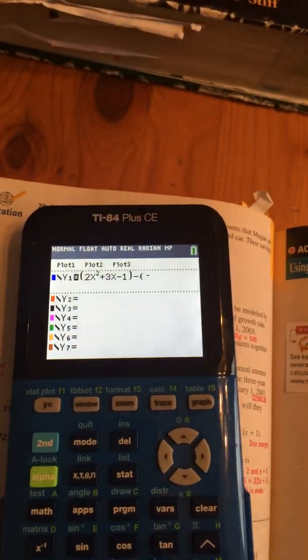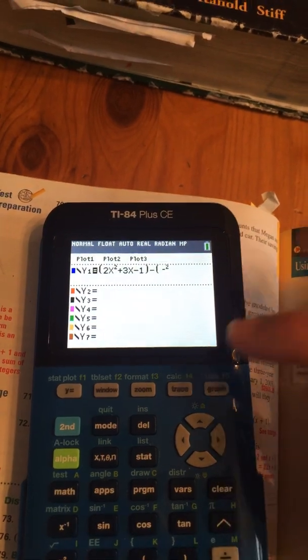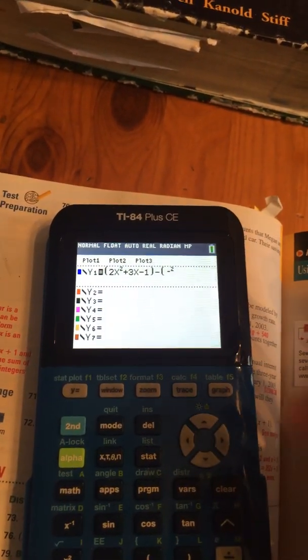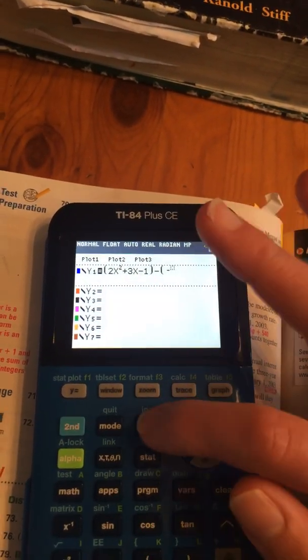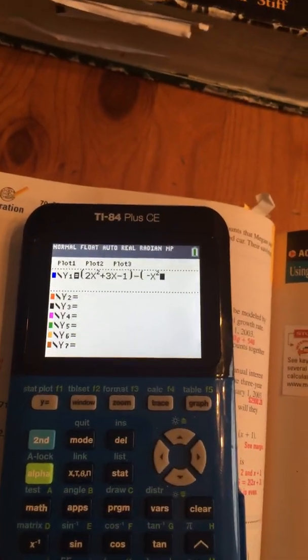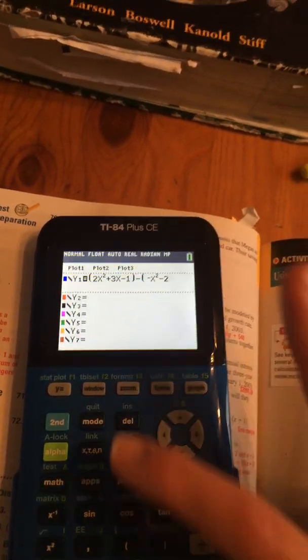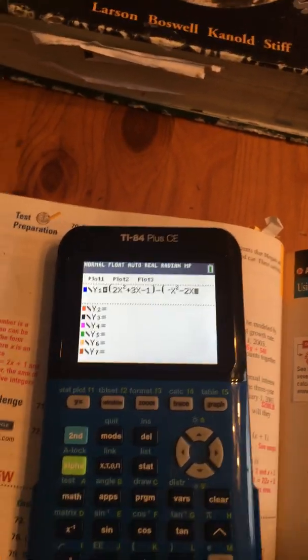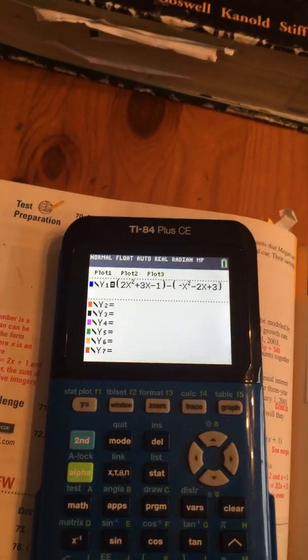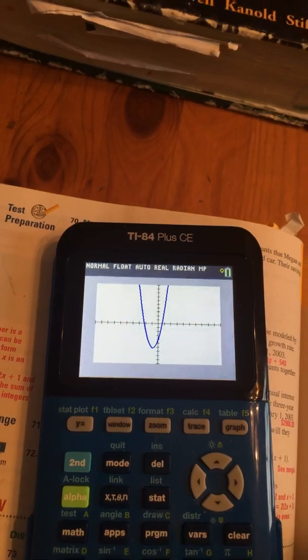So I'm going to do negative x squared. I messed up. Go back over there, hit delete, hit delete again to get rid of that. X squared. I left off my x. So it's good for y'all to see me mess up because you can see how to fix it. Negative x squared minus 2x and then plus 3 in parentheses. Okay, so if I hit graph, there it is.